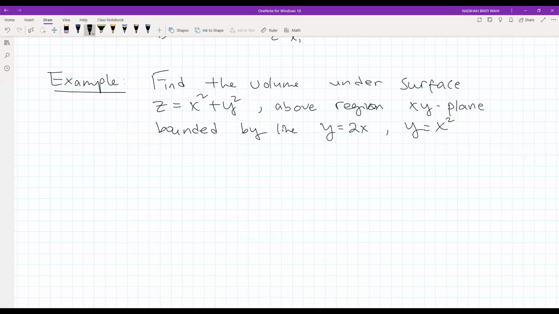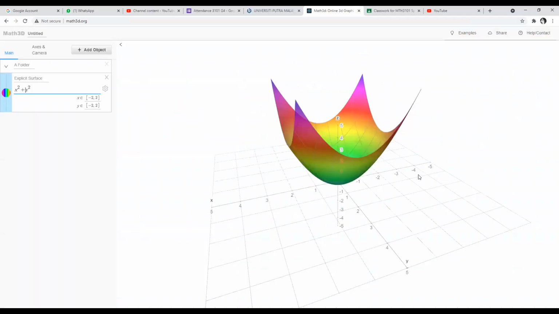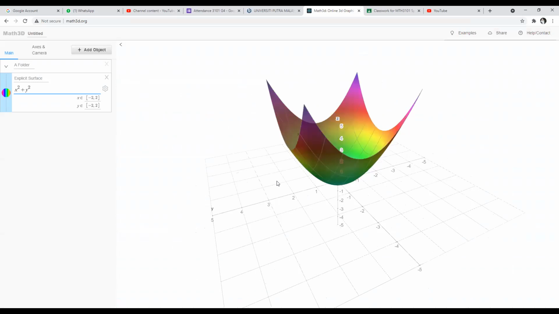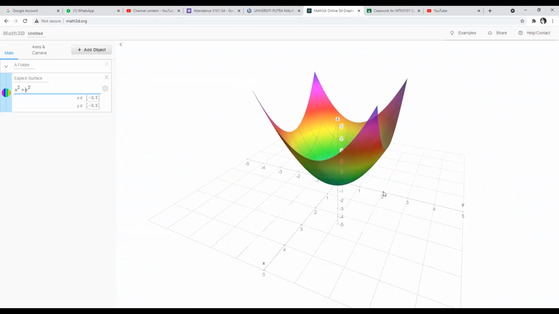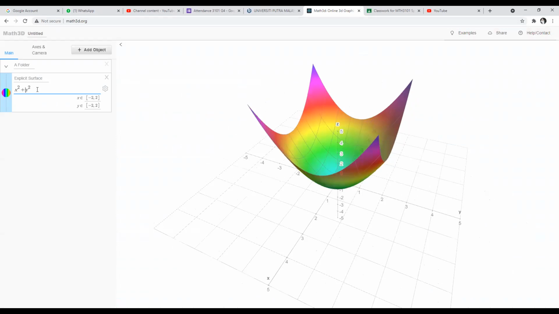If you go to this website, okay, can everyone see? Yes. So if you go to math3d.org, it is unsecure, but I like its features. On the left hand side, it has boundaries, so I can specify boundaries. The others are a bit more complicated, but this one is simpler, we just enter the boundaries and so on.